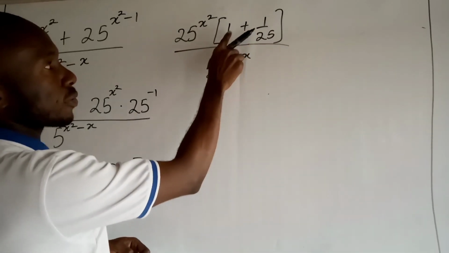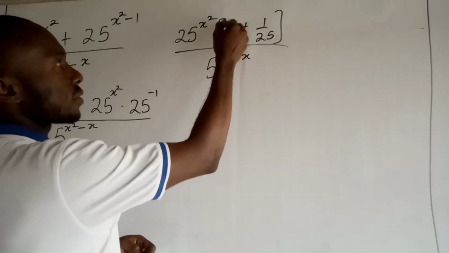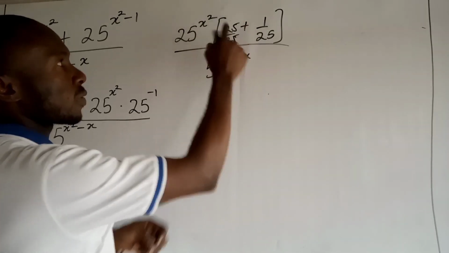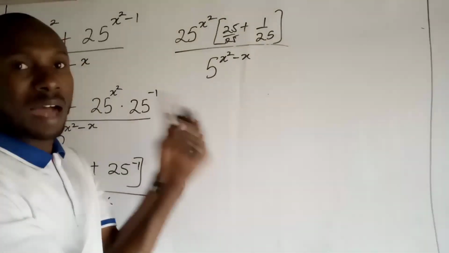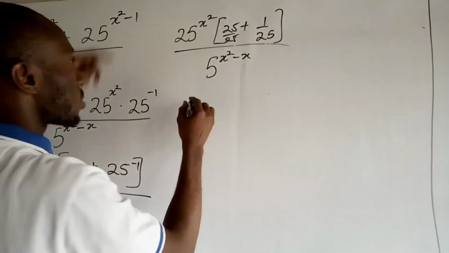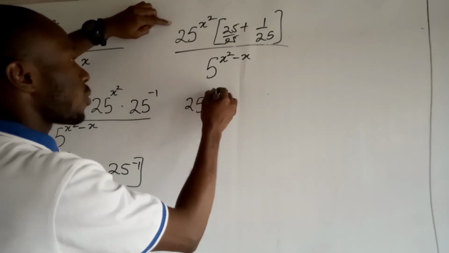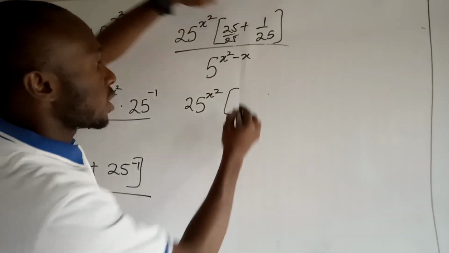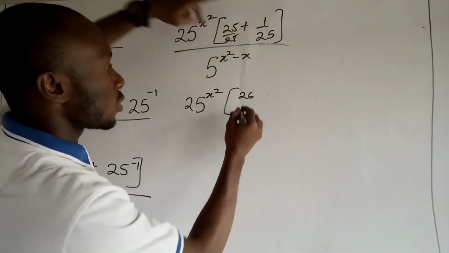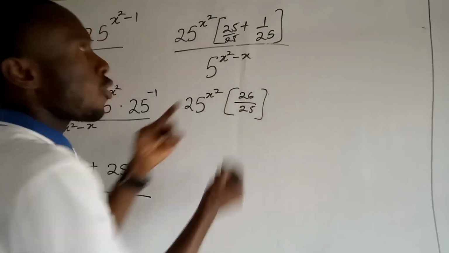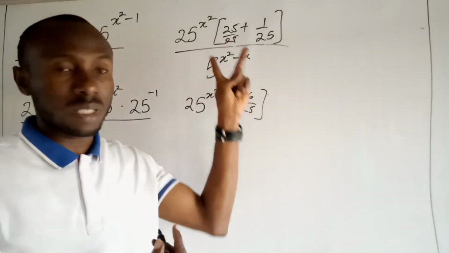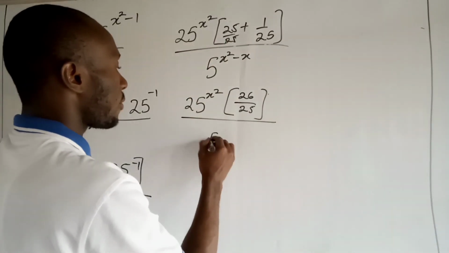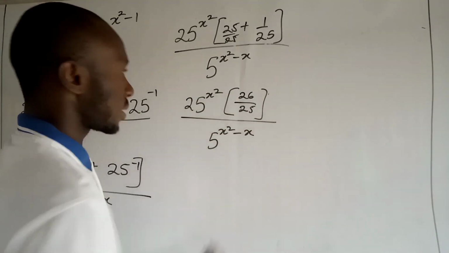So I can write 1 as 25 over 25 because 25 over 25 is 1, okay? I just want them to have the same base, so I can easily add the numerators. So I'll have 25 to the power x squared. Now 25 plus 1 will give me 26 over this same base, which is just 25. So you can go ahead and do the addition of fractions in your own way if you don't understand this one. So all over 5 to the power x squared minus x.